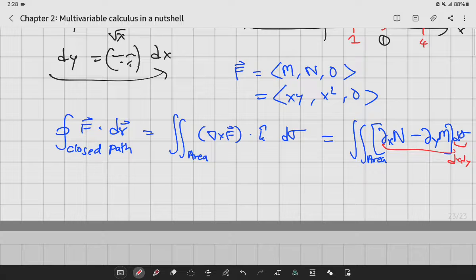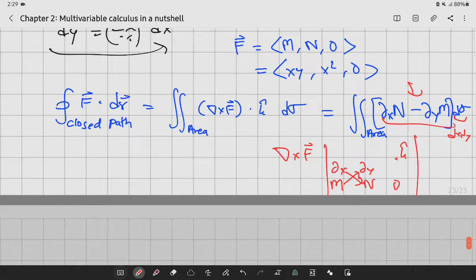You remember this by simply remembering that for the kth component, you have partial x, partial y, m, n, and 0. If I imagine that I'm computing the kth component, I get partial x of n minus partial y of m. That's how you remember this integrand.